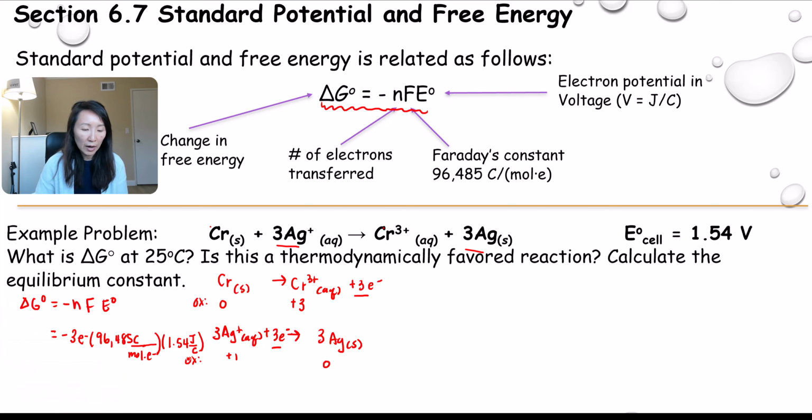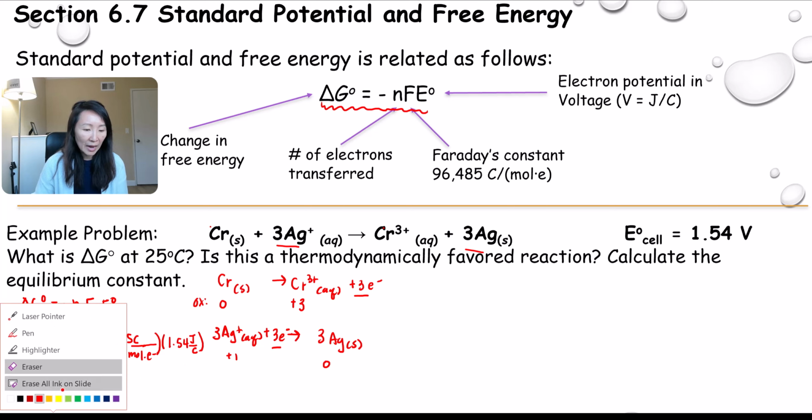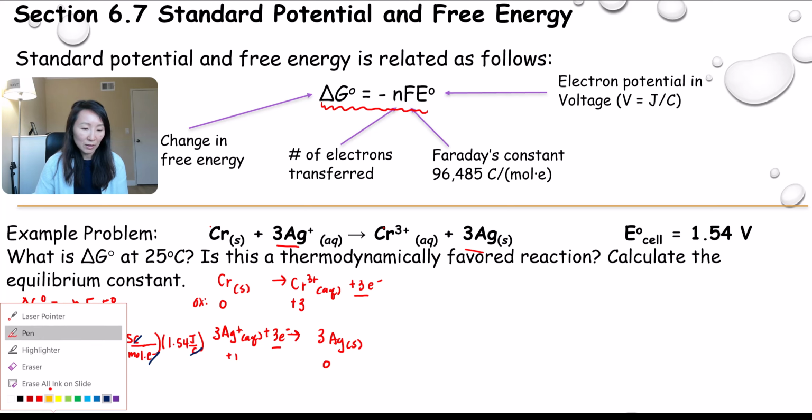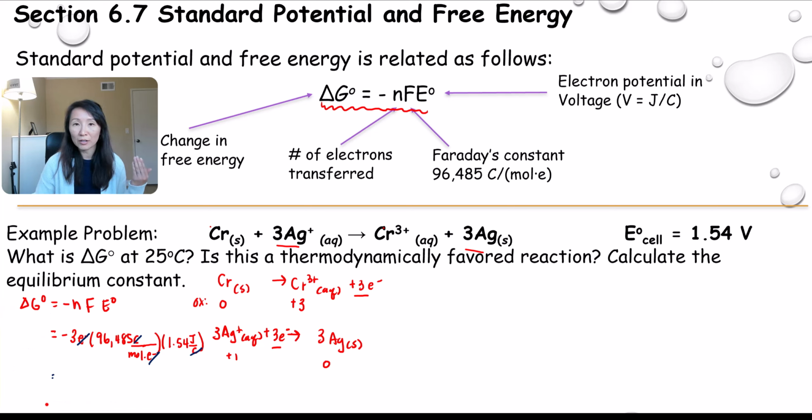Let me cancel electrons. Coulomb is on top, so you're left with joules and moles. That's good because that's what delta G needs, to show there is enough energy per mole to show the spontaneity. All right, so let's calculate this on a calculator.